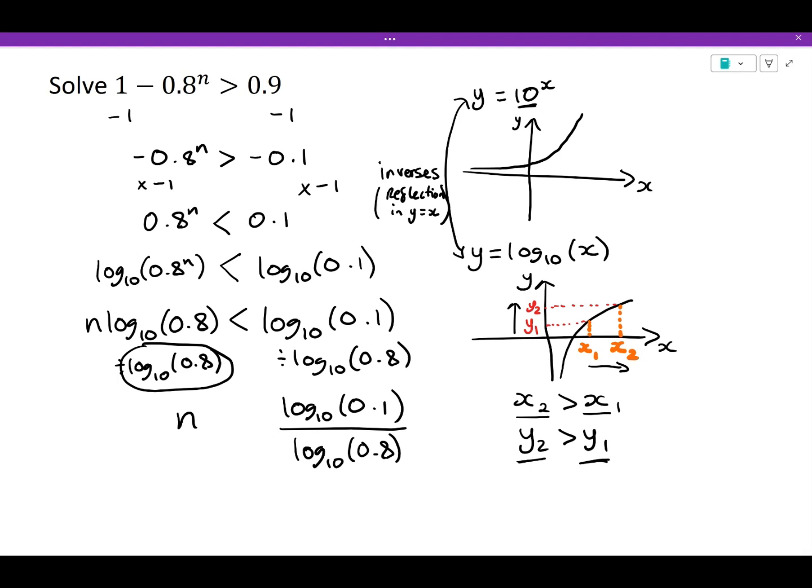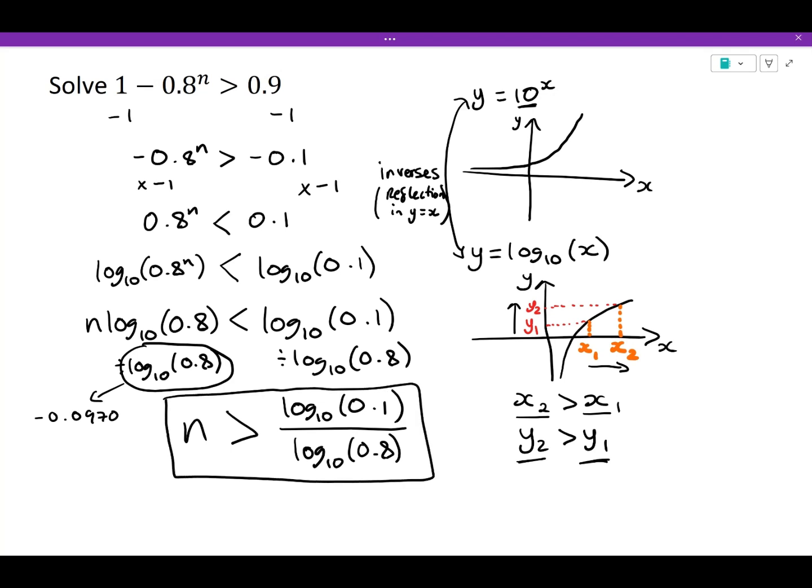Okay, so when I put it in, this comes out as negative 0.0970. So it's negative. So therefore, we need to flip our inequality symbol. So it's going to go from a less than to a greater than, like that. Okay, so that would be the solution of our inequality there. You could pop this fraction in the calculator to get a decimal if you want, but I'll leave it like that.